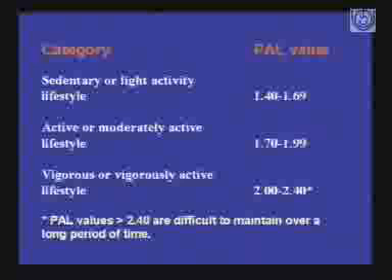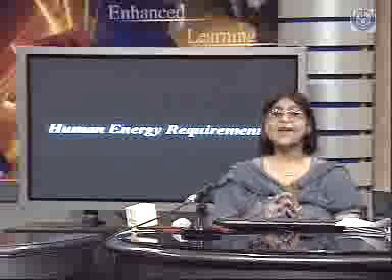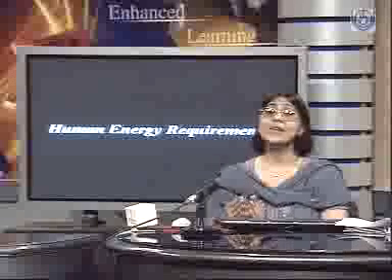For a sedentary or light lifestyle activity, it is 1.4 to 1.69. For an active or moderate, it is 1.7. And for vigorous activity, it can be 2 to 2.5 activity level.